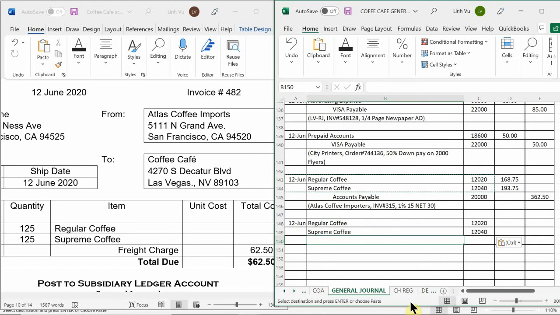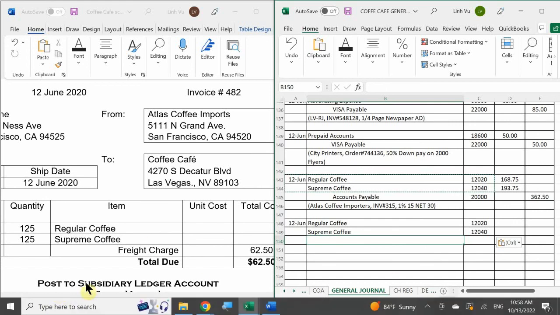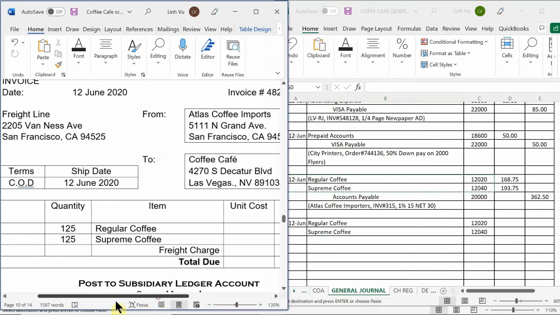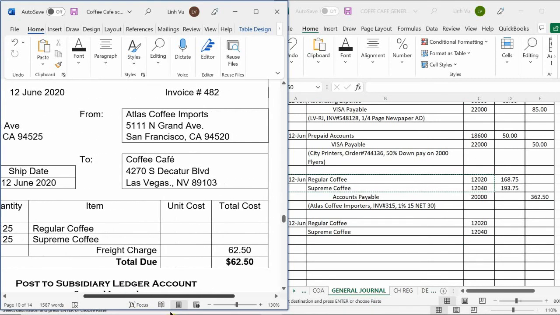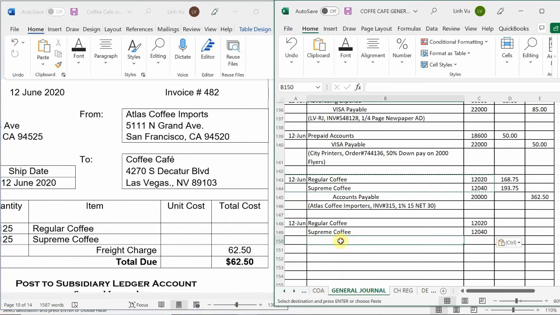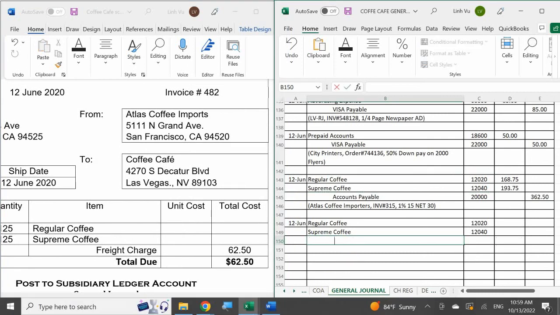Right? And how did I pay? Since this was COD, cash. You paid with your check, right? So in this case, you're going to need to cut a check as well. Now, we know it's a total of $62.50.